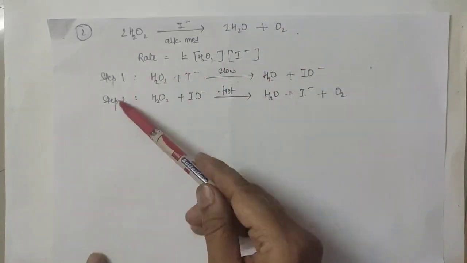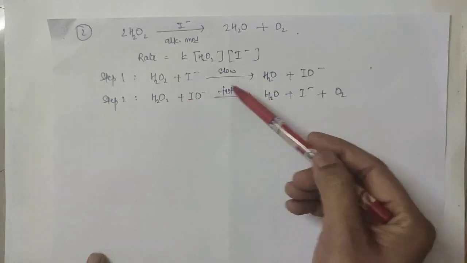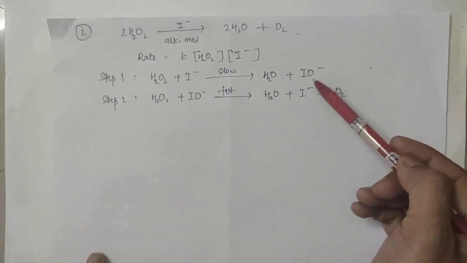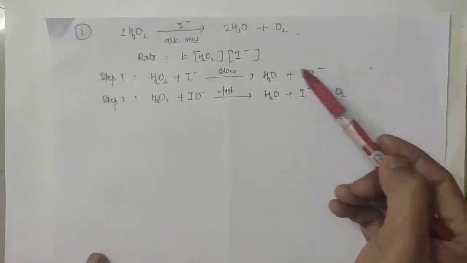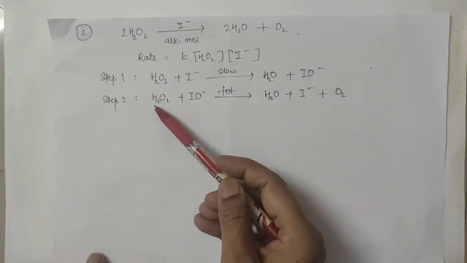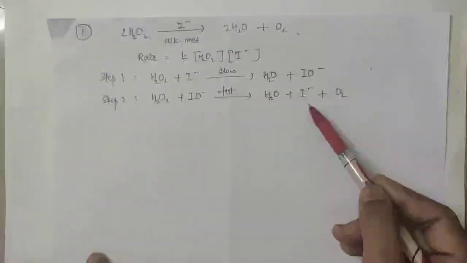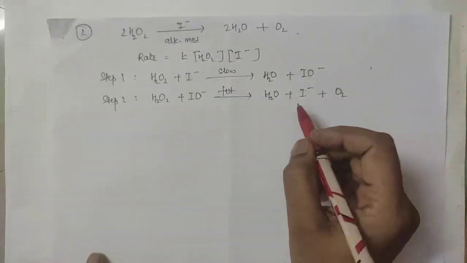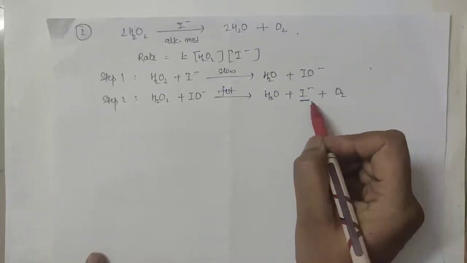Let us see the steps. H2O2 plus I minus gives rise to H2O plus IO minus. It is hypoiodite ion. Hypoiodite ion again reacts with H2O2 and gives rise to H2O, I minus and O2. This iodide ion is a catalyst and is recovered after the reaction.